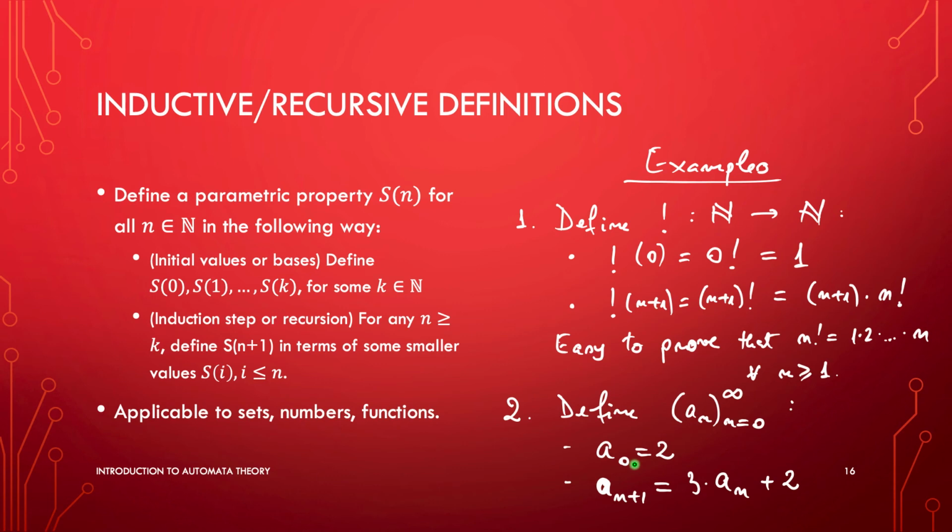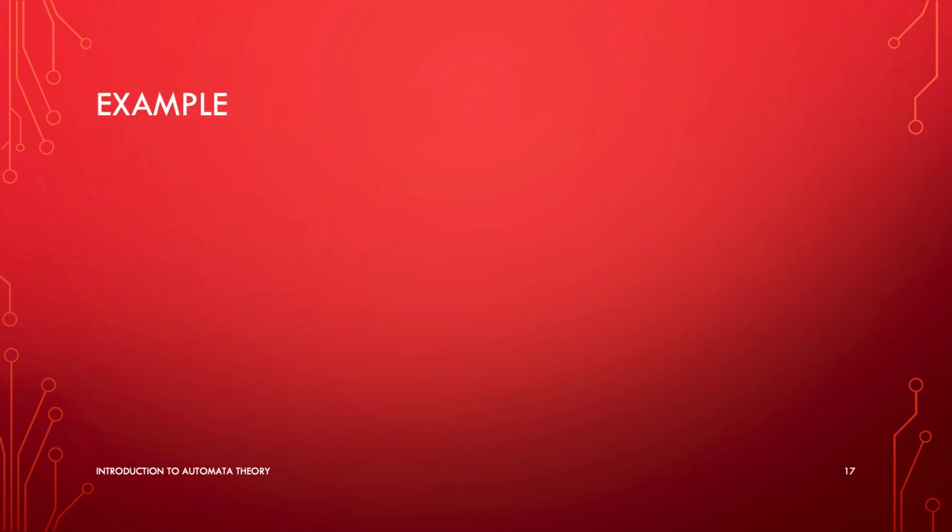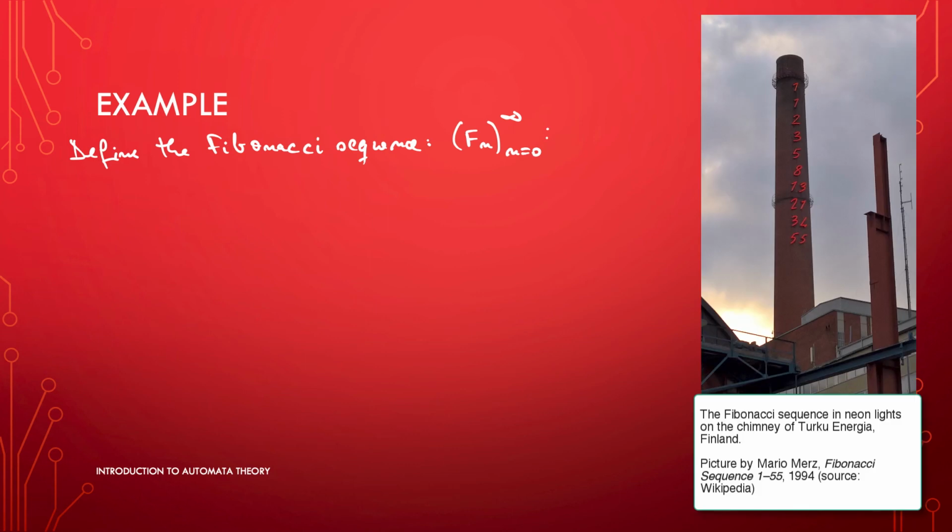Here is yet another example. I'm going to define the so-called Fibonacci sequence. This Fibonacci sequence is a sequence of numbers, again from 0 to infinity. And the definition goes like this. I define f_0 to be equal to 0, and I also define f_1 to be equal to 1.